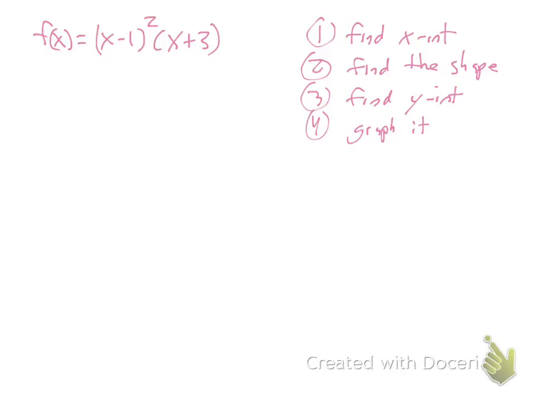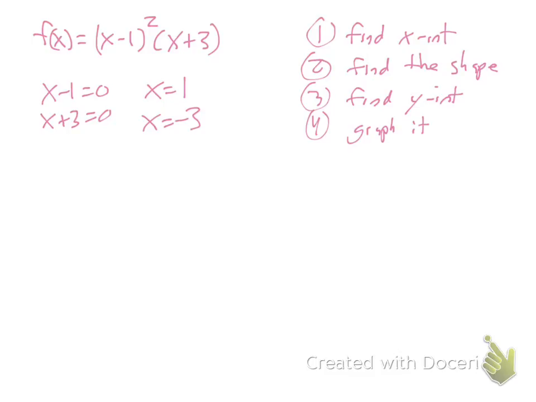To find x-intercepts, guys, you take your factors and you set them equal to 0. So, x minus 1 equals 0 and x plus 3 equals 0. Hopefully, you get to a point where you can just look at it and say, x minus 1, the answer will be 1. x plus 3 will be -3.